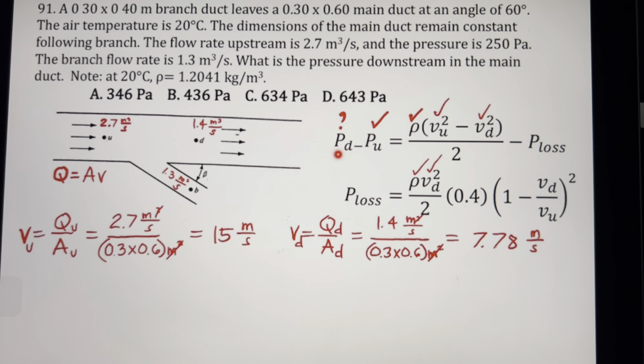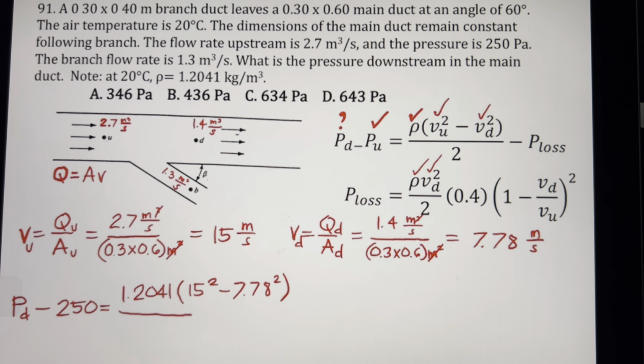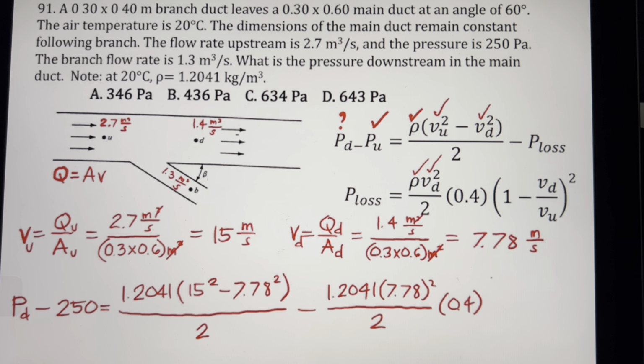Okay, so let's use this first formula. Our downstream pressure is unknown, minus upstream pressure, which is 250 Pascal, is equal to the density, 1.2041, times upstream velocity squared minus downstream velocity squared, all over 2, minus the pressure loss, which has the same formula as this one, density times downstream velocity squared over 2 times 0.4 multiplied by 1 minus downstream over upstream velocity quantity squared.